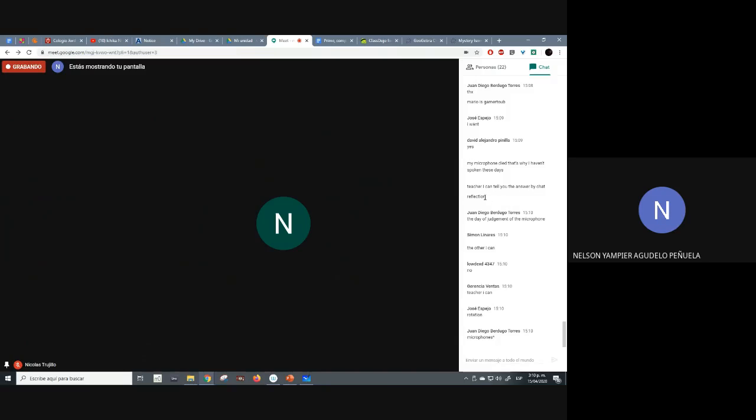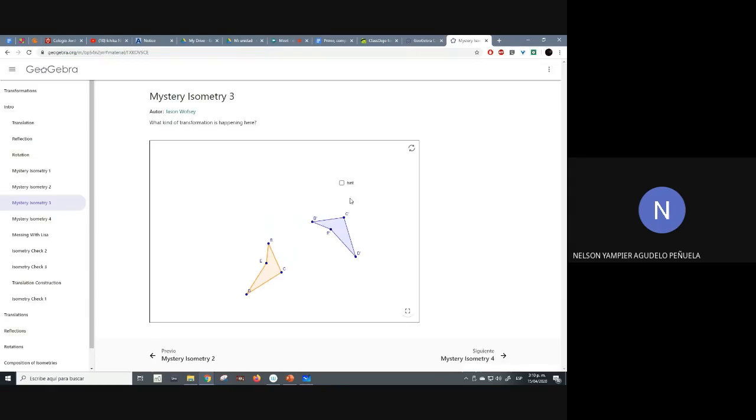It's reflection. No, Pinilla, it's not a reflection because a reflection flips. Yes, flips, but it is perfectly symmetrical through a mirror. And if you make a line here, imagine that you make a line here. That is not a mirror. Or if you make it here, still it is not a mirror. But look what happens when I click here. Here you have an angle.